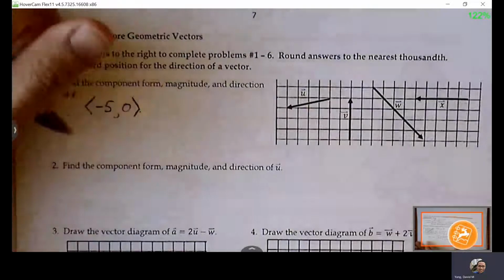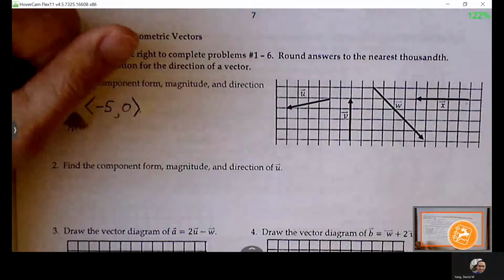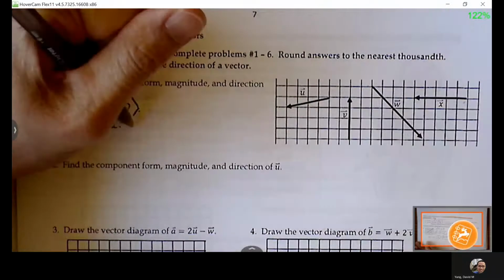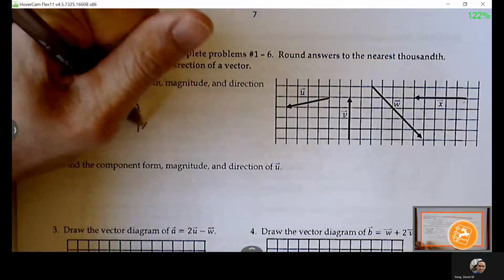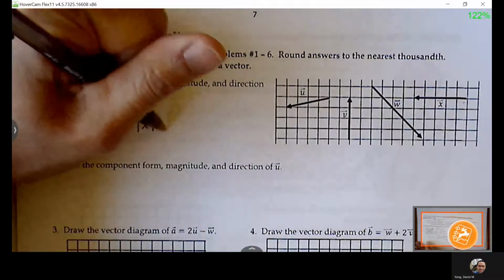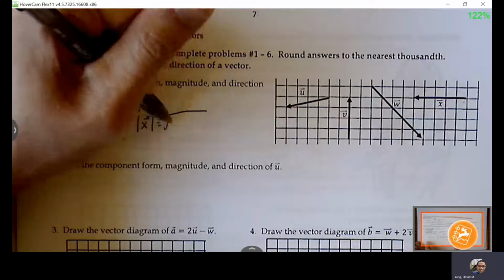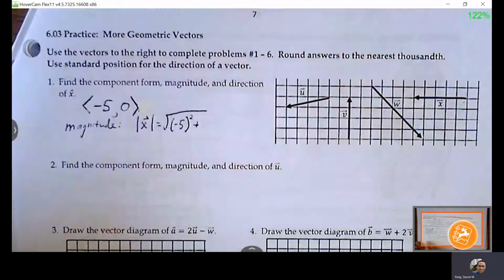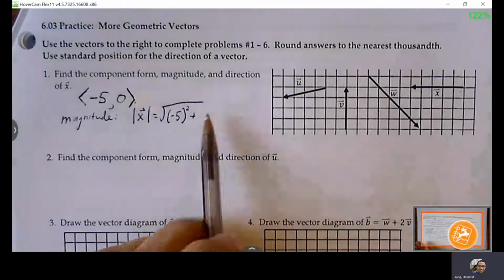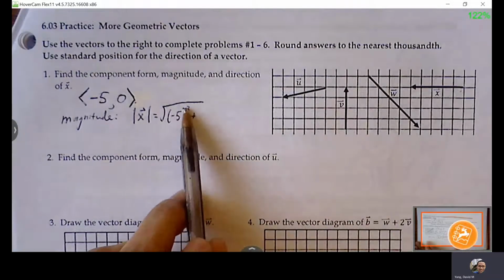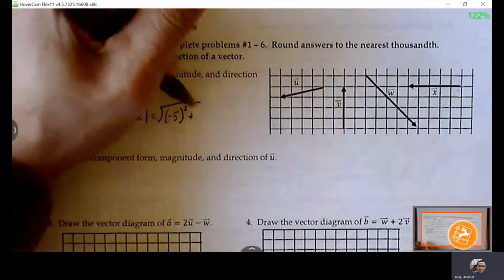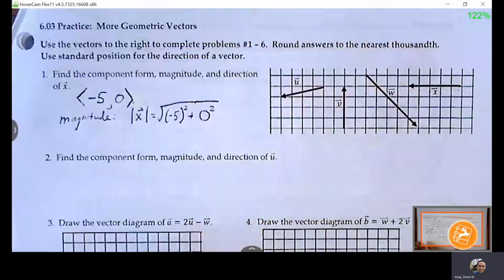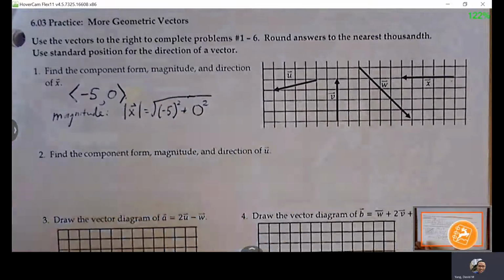Okay. Magnitude. Now, if you're plugging into your calculator, make sure that you're putting your negative number inside a set of parentheses before you square it. Otherwise, the calculator is not going to understand that you want the negative to be part of the exponent.